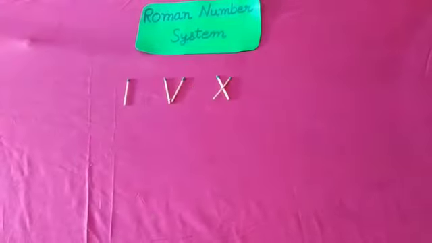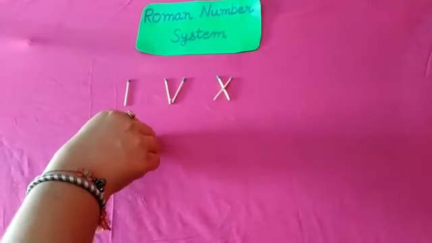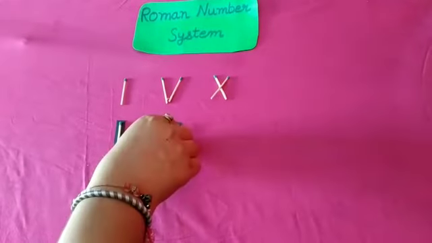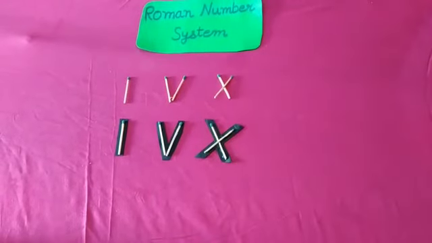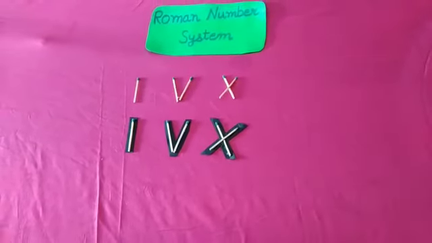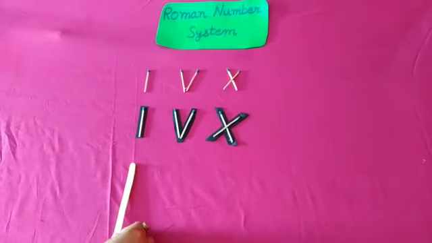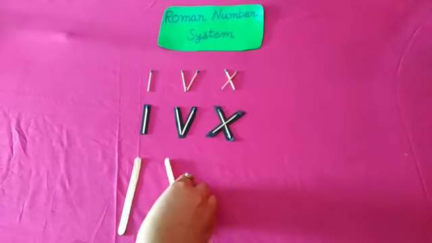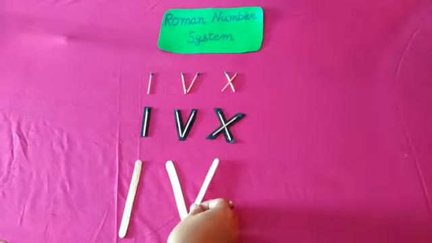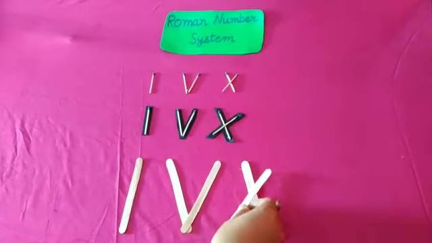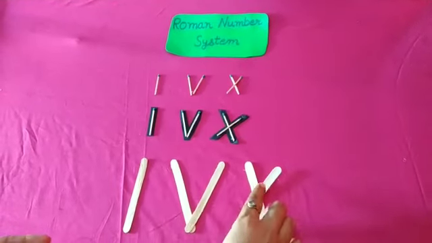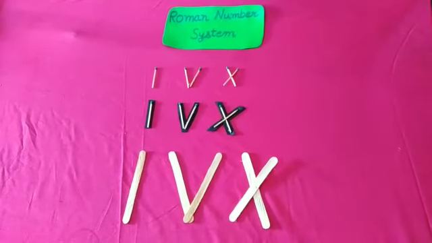For this activity, you can use colorful chart paper and make the symbols. You can also use ice cream sticks. By using these things, you can make the symbols, and after making them, you can paste these symbols in your notebooks or chart or drawing sheets.